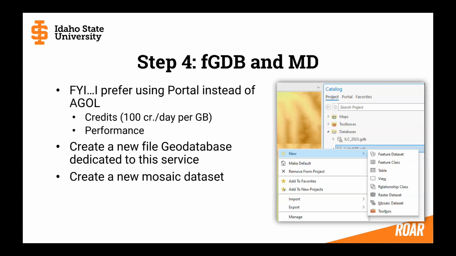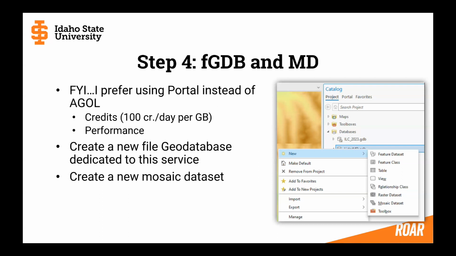I also saw some performance problems. I was getting that giant black and white checkerboard for days after I published the service. It really wasn't performing very well. Did not see any of those sorts of problems when I'm publishing to Portal, and of course your own organization's portal will not have those credit restrictions.